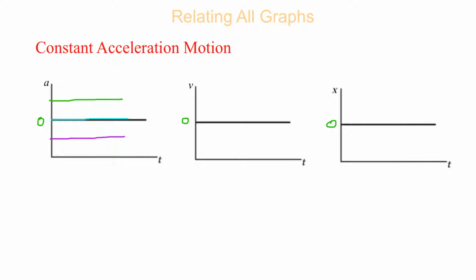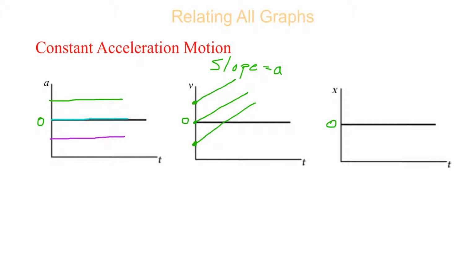If you have a positive acceleration, then your velocity graph, remember the slope on a velocity graph is the acceleration, needs to have a positive slope over here. Now your velocity could start out positive, it could start out at 0, or you could start out with a negative velocity and then become more positive.